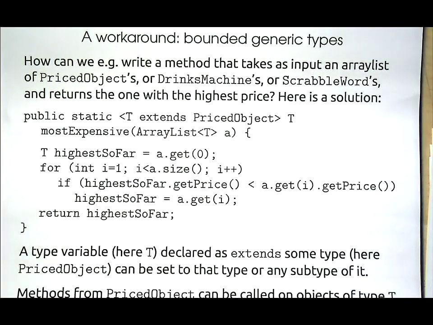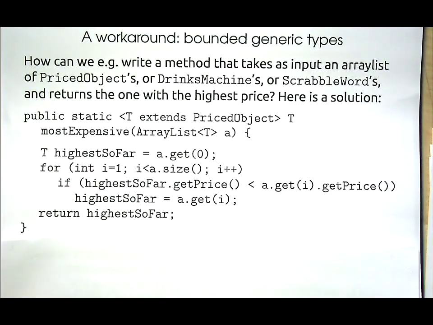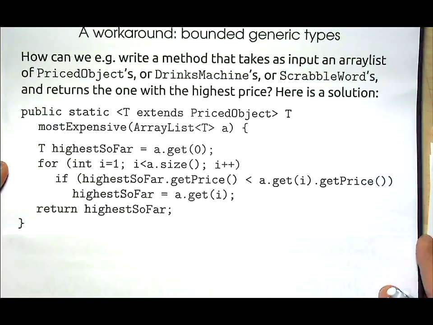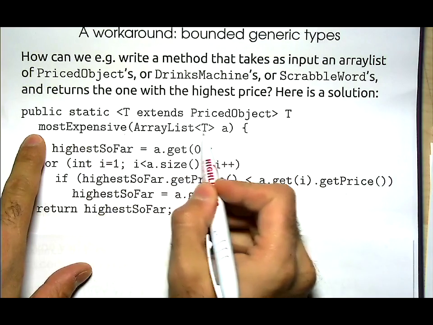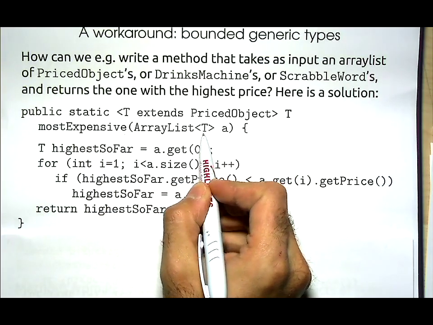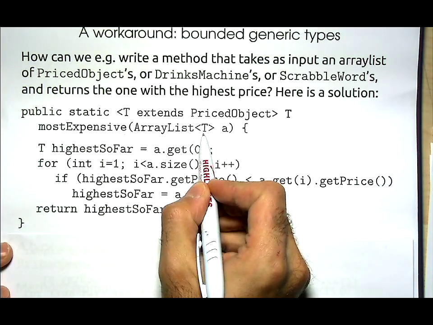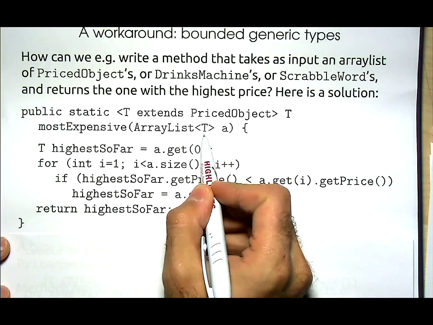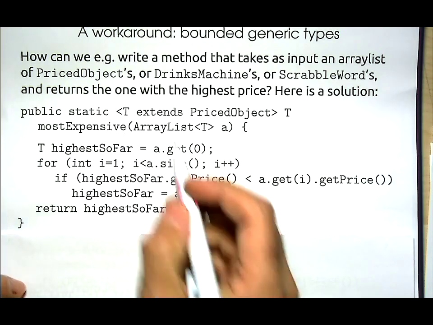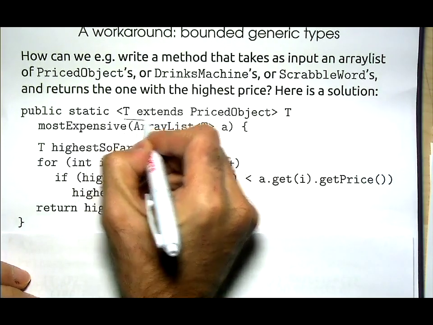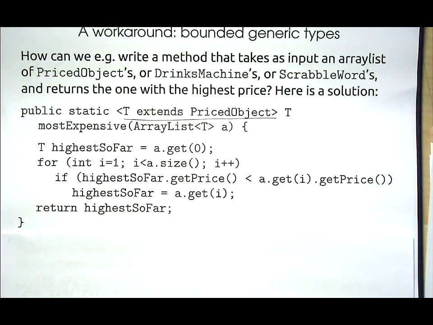And this can be done as follows. Let's look at the code that I have here. I have the same code as before, but instead of saying that the method expects an array list of priced objects, I say it expects an array list of T's. And what is T? Well, T is a type variable, and in particular, it is a type variable that extends priced object.